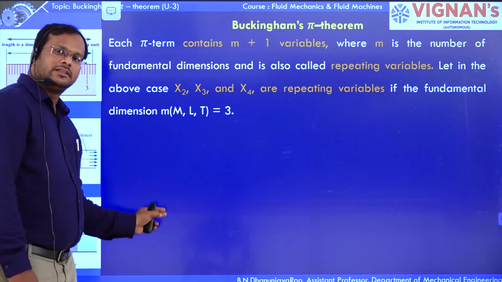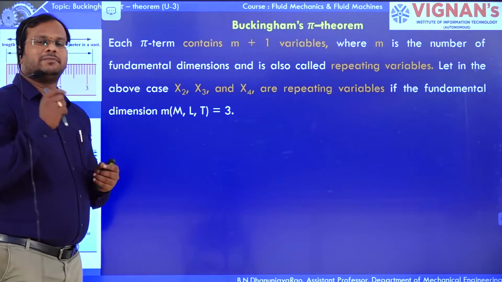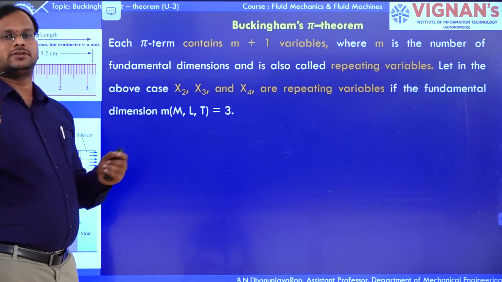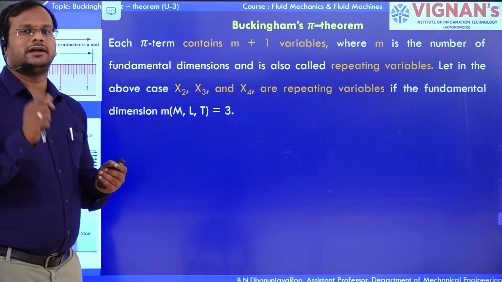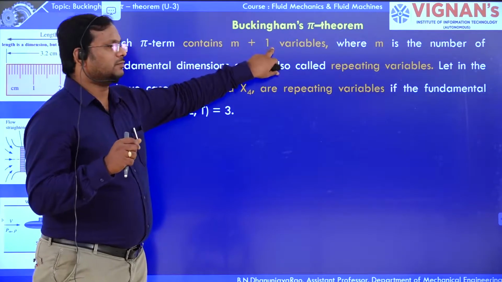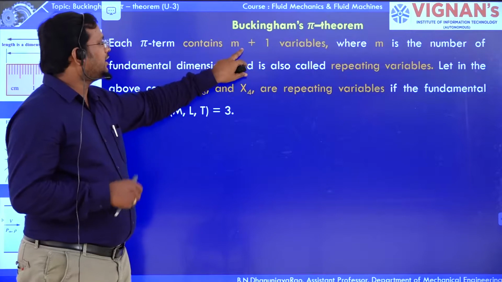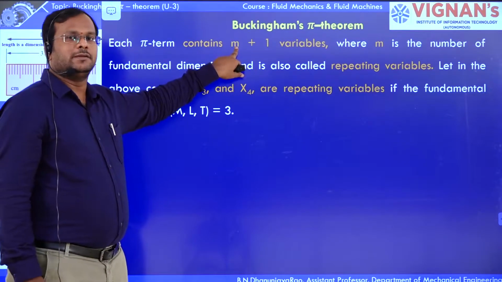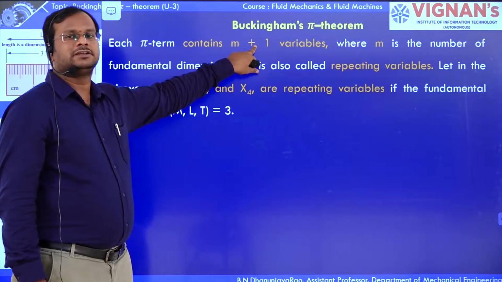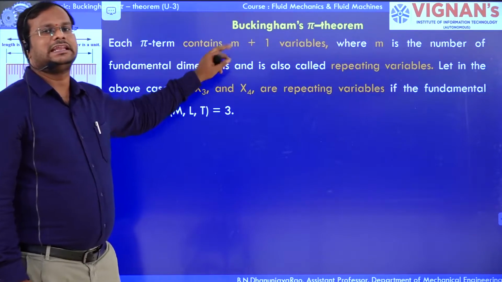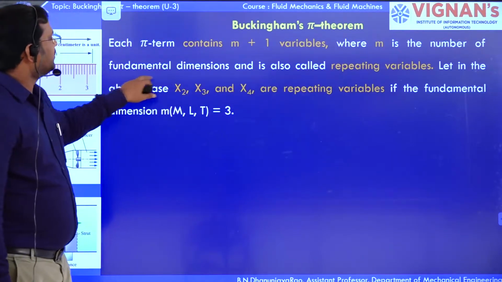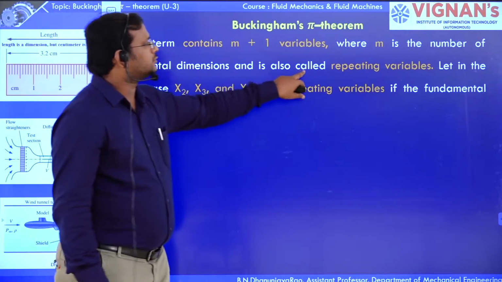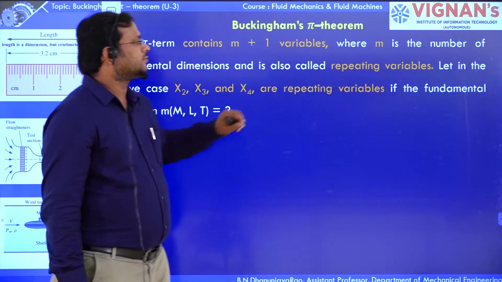Here there are pi 1, pi 2, pi 3 to pi n minus m, and those are all pi terms. Each pi term contains m plus 1 variables, so with m equal to 3, plus 1 means there are 4 variables in each pi term, where m is the number of fundamental dimensions, also called repeating variables.